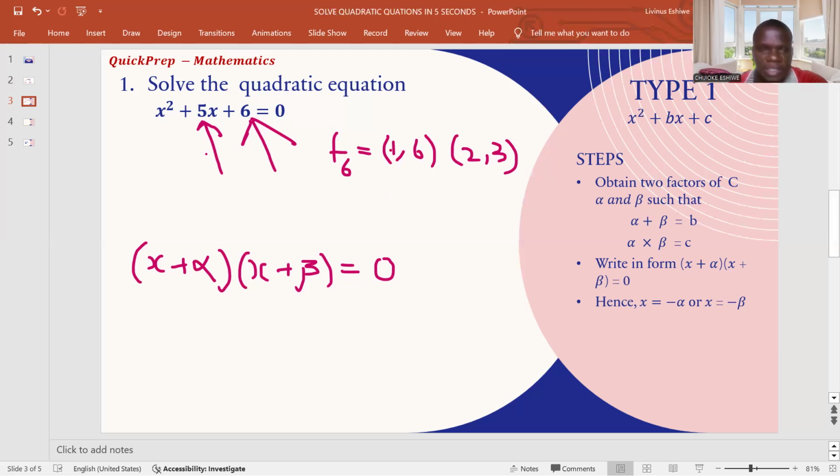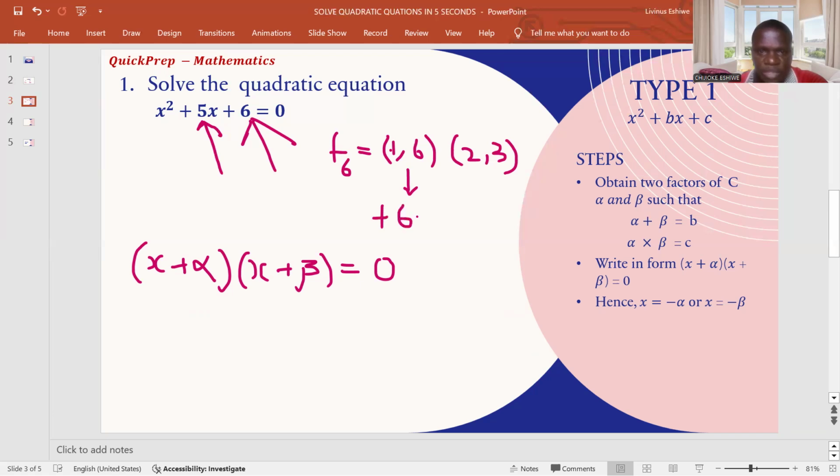Now, let's look at this carefully. If this is a positive number, plus 5, that simply means that the largest factor must be a positive number. For example, let's consider 1 and 6. That simply means that we have to have positive 6.